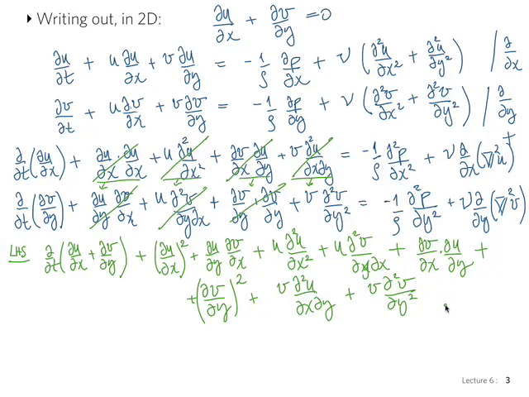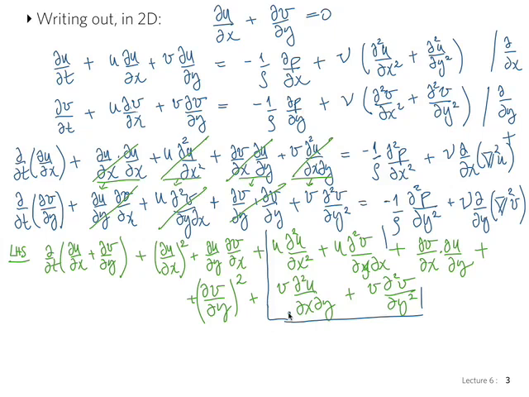So I'm going to take now these four, yes, the ones with u and v, I've already worked this out.